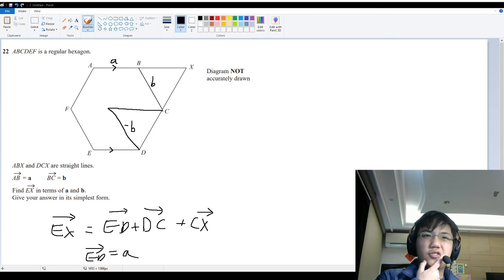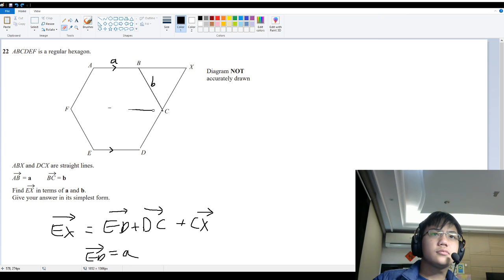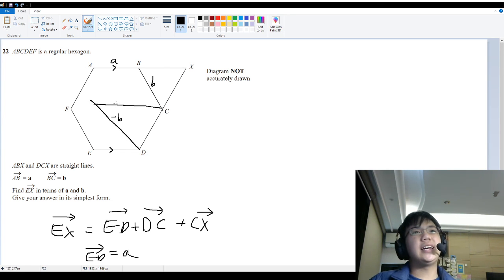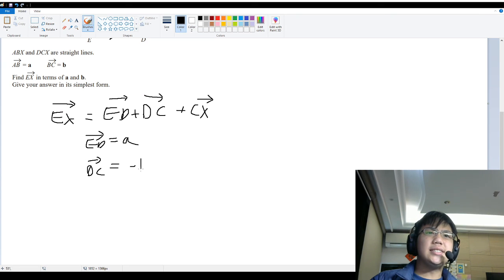So basically D to here is negative b, and from here to C is the same as a. So D to C is negative b plus a, or a minus b.